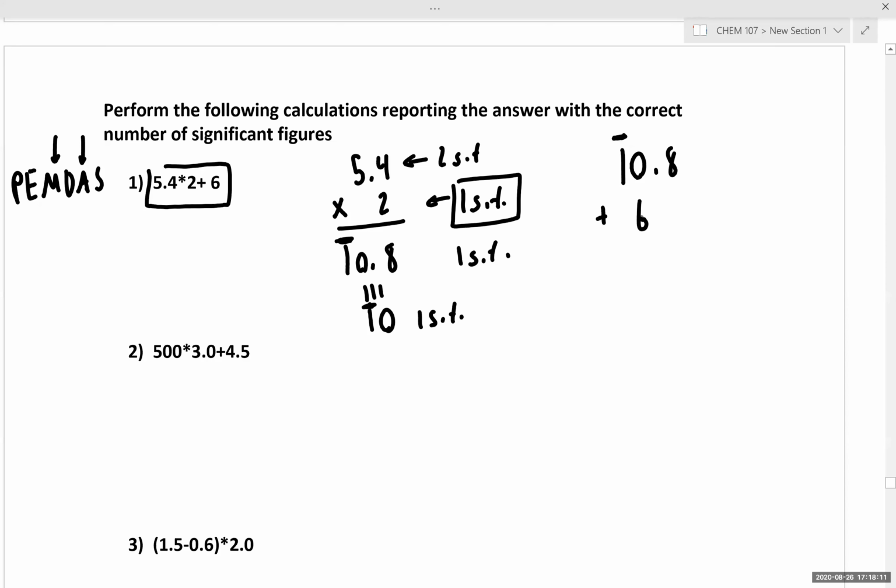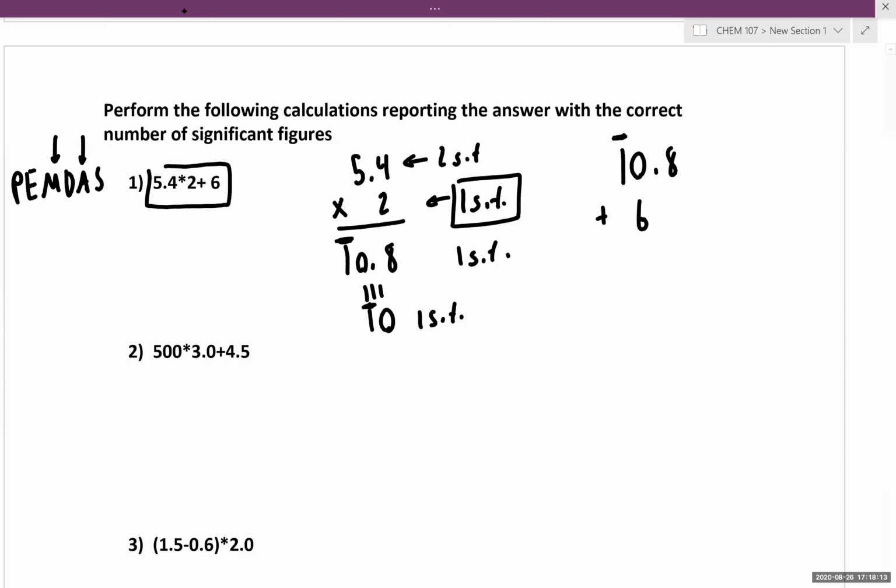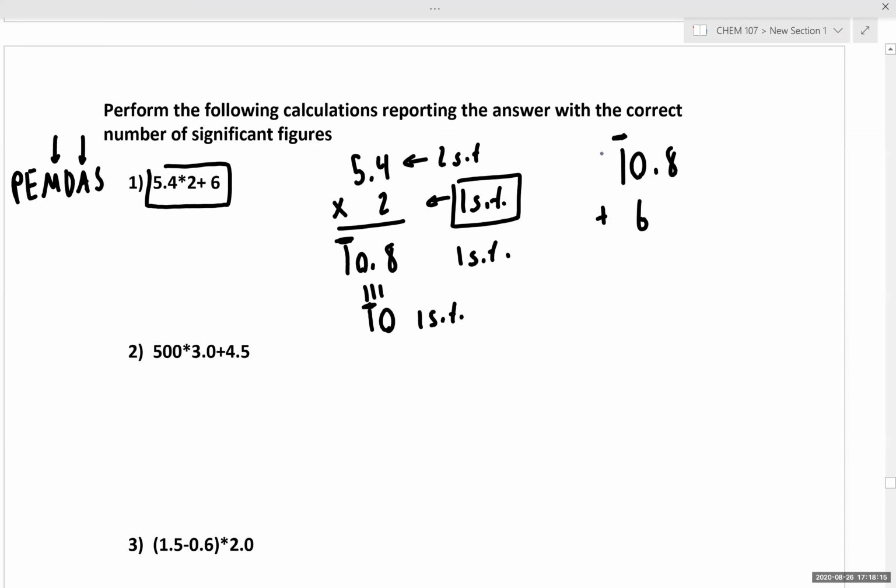Now, when performing addition and subtraction, we highlight and indicate the last place with a significant digit. So 10.8, based on bar notation, only has a significant digit in the tens place.